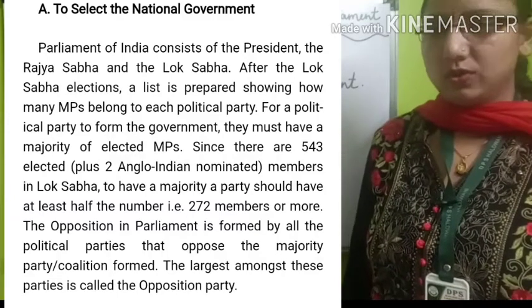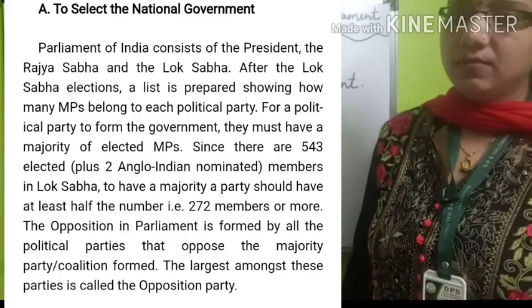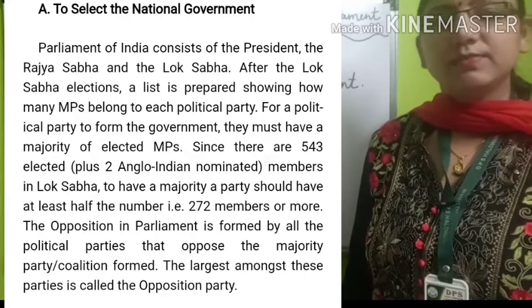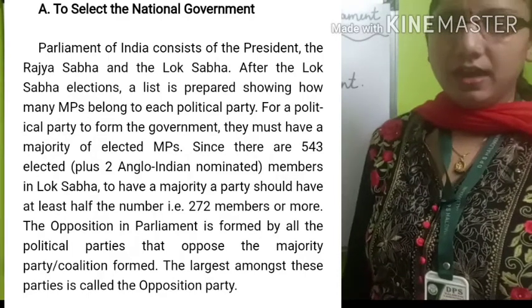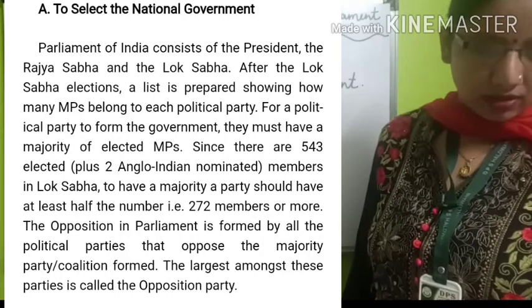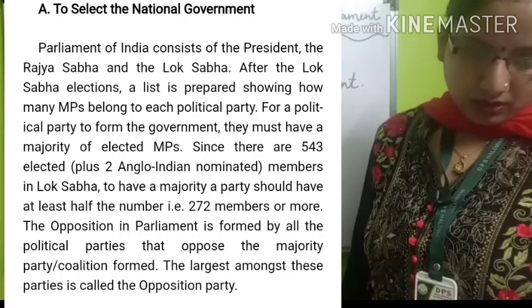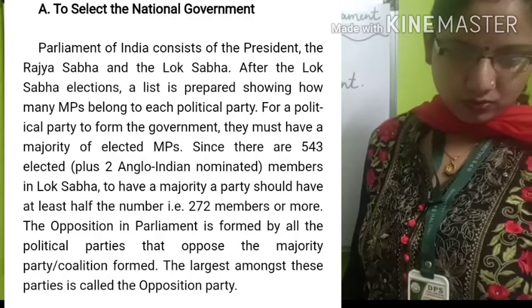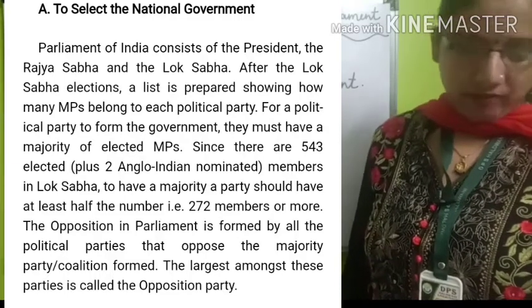As I already told you in the first video, there are 3 parts of the parliament, that is President, Rajya Sabha and Lok Sabha. After the Lok Sabha elections, a list is prepared showing how many MPs belong to each political party.